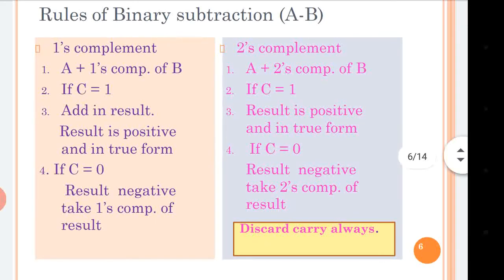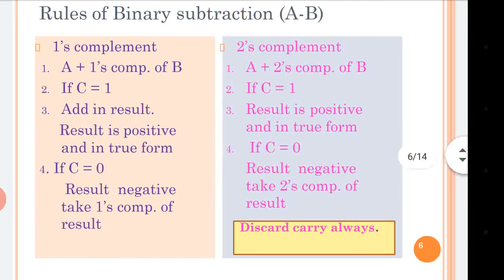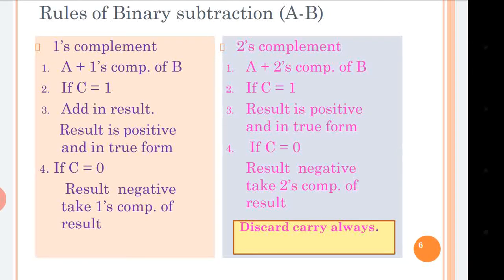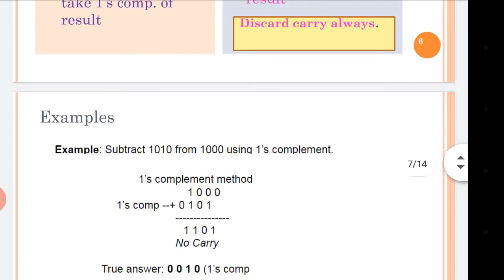If carry is equal to 0, the result is negative, take the 2's complement of the result. But we have to discard the carry always. This is the difference between 1's complement and 2's complement subtraction. In case of 2's complement, we have to discard the carry. On the other hand, in case of 1's complement, we have to add it to the result.